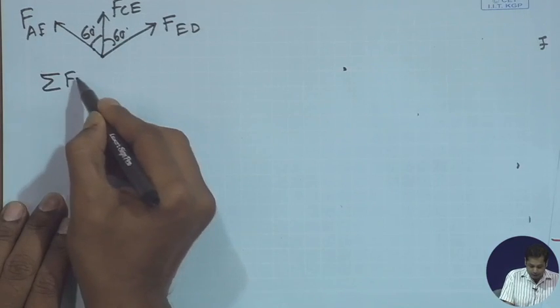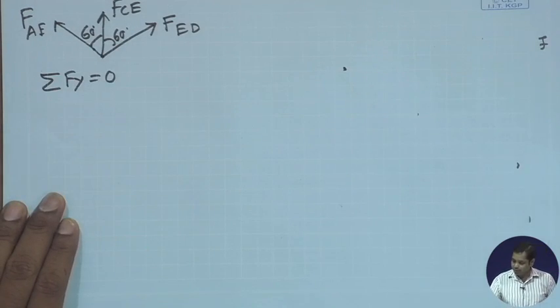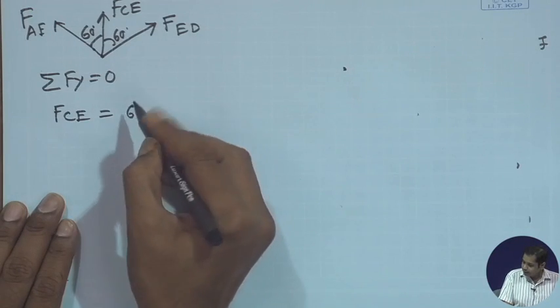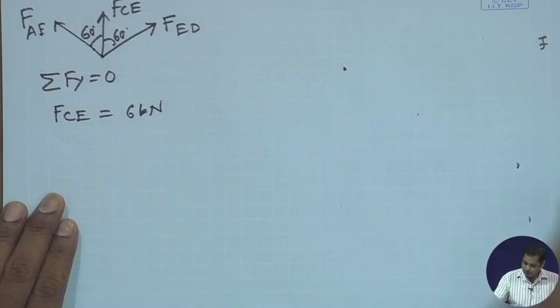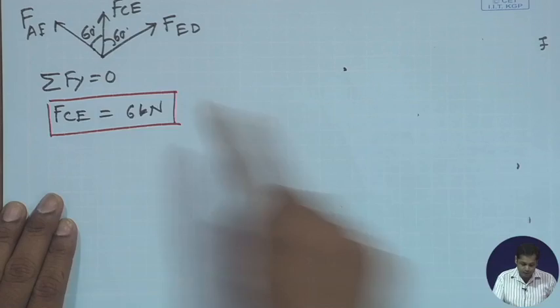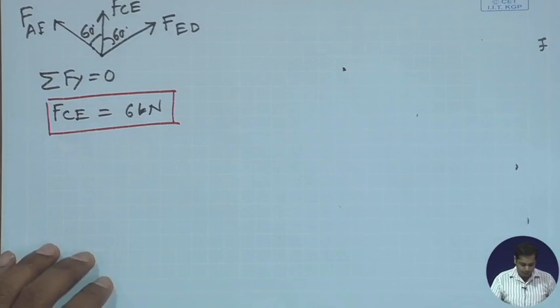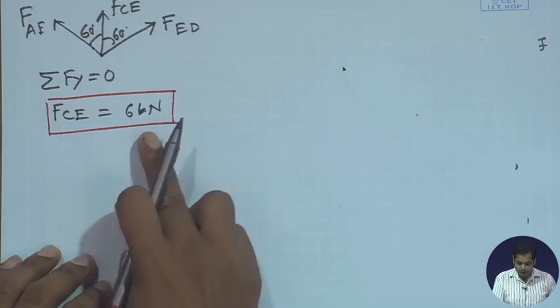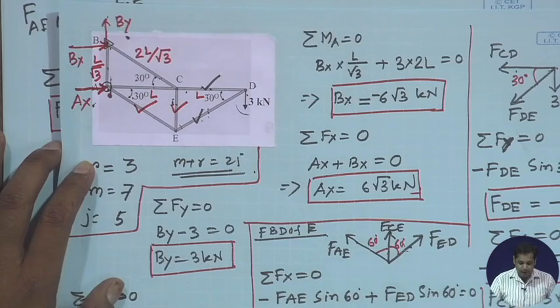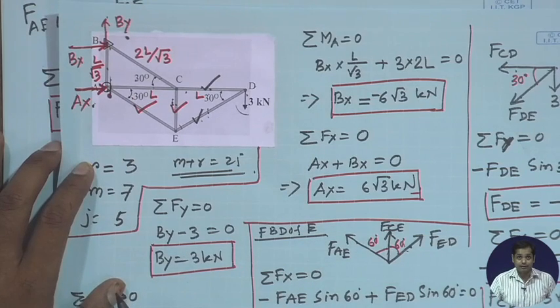If you take summation of y is equal to 0, then we get FCE is equal to 6 kilonewton, okay. I'm just writing the final result because it is just some algebraic operation. So FC is equal to 0. Now we have determined these forces, right.